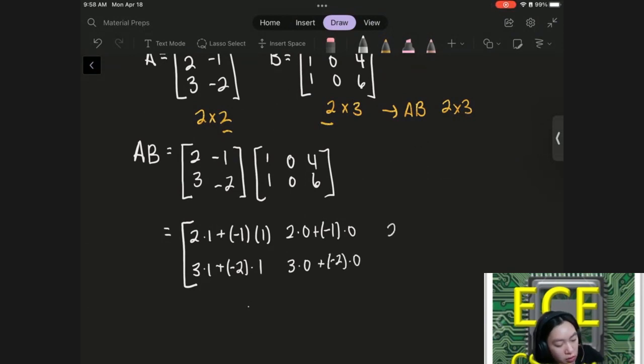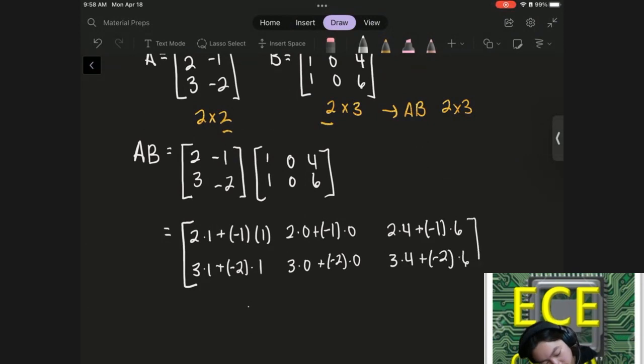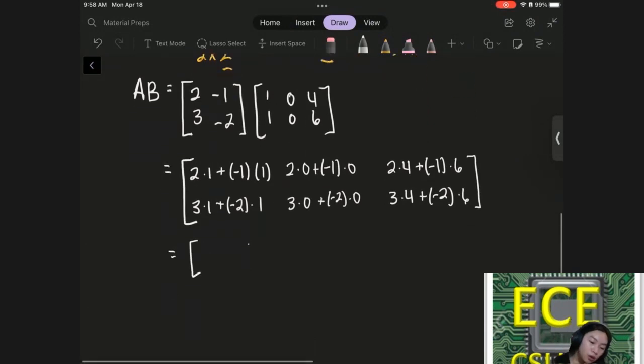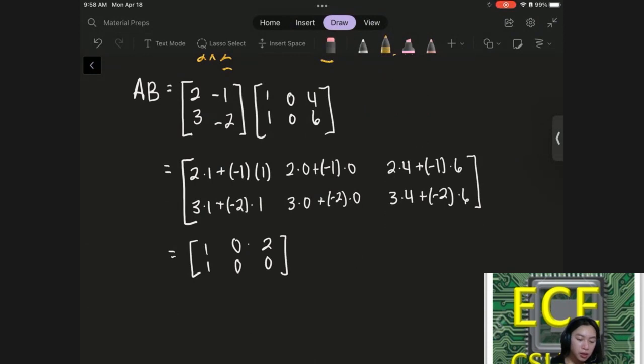And then 2 times 4 plus minus 1 times 6. 3 times 4 plus minus 2 times 6. And from here, you simplify, which is 1, 1, 0, 0, 2, 0. And this is a 2 by 3 matrix.